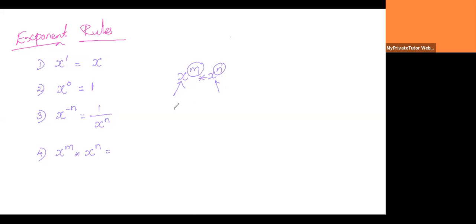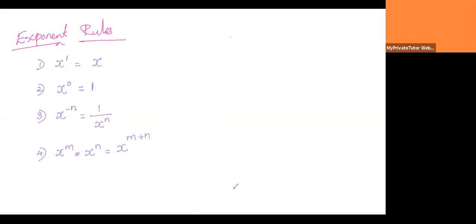For example, 4 square times 4 cubed. 4 is the base in both cases, but the exponent differs. So what do we do in that case? When we are multiplying exponent numbers like this, keep the base as it is and add the exponents.